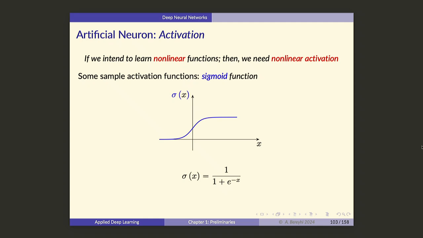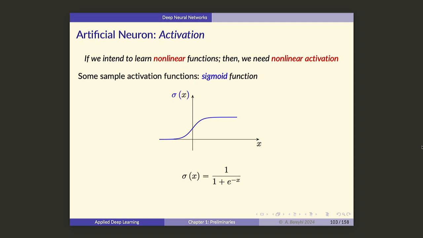Then if I reduce x from plus infinity, it's going to gradually reduce. If I put x exactly 0, what is it going to be? 1/2, exactly, because e to the power 0 is 1, so it's 1 over 2. So it's going to meet the vertical axis at half, and then gradually go down.